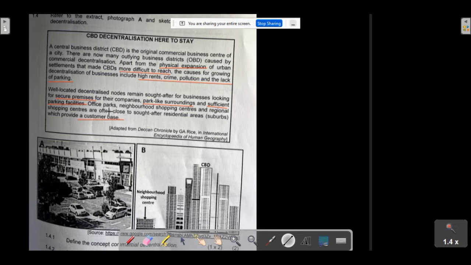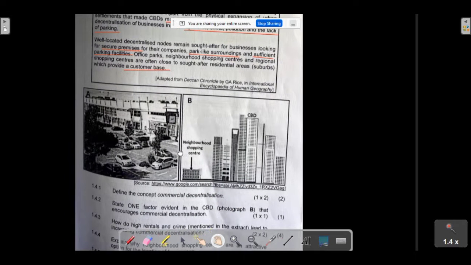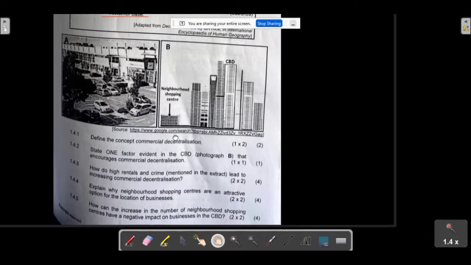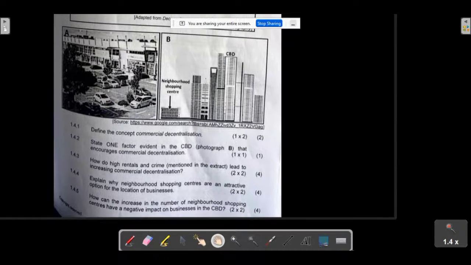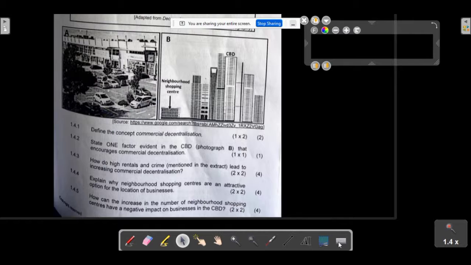So we are saying that these businesses likely decentralized, they move to these office parks, these neighborhood shopping centers, because a lot of customers are there, where people live, where people are close. So we are actually going to where people are. All right, so let's answer the questions then.